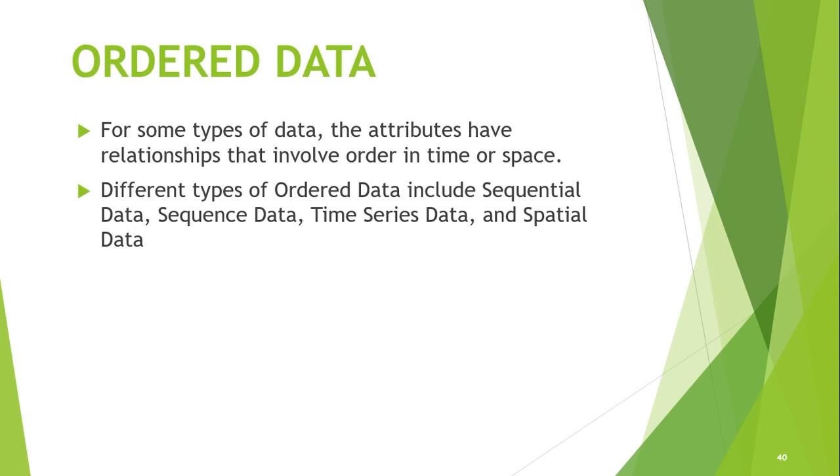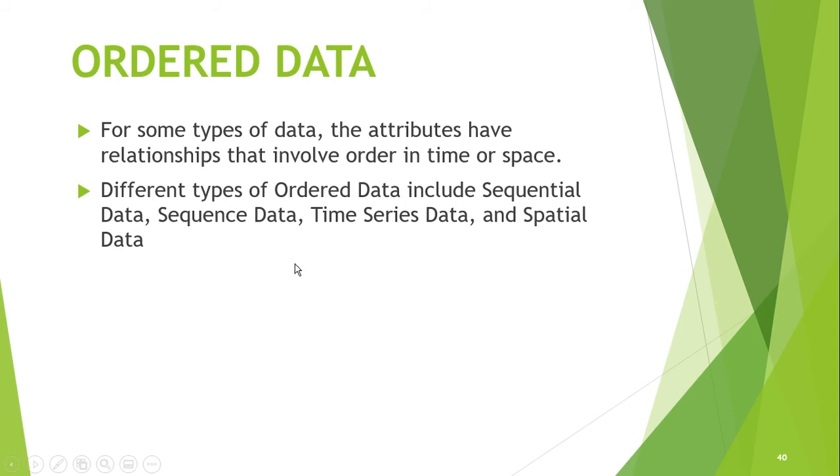The third type, which is the ordered data. For some types of data, the attributes have relationships that involve order in time or space. So when you say ordered data, it has a certain order.